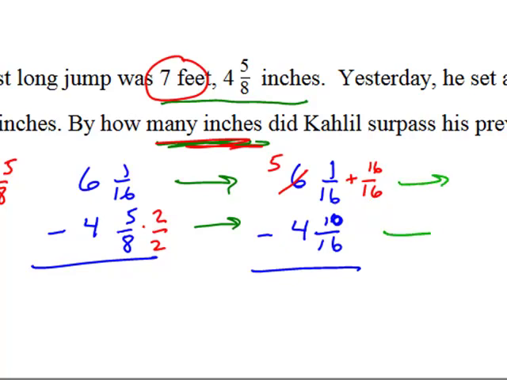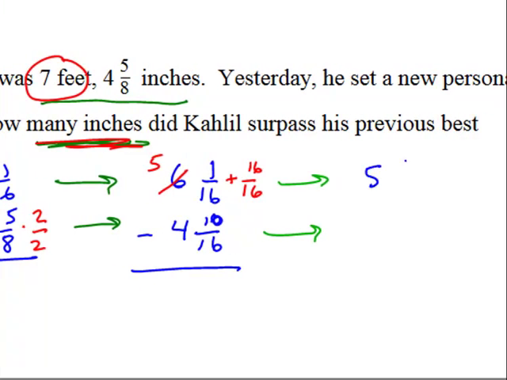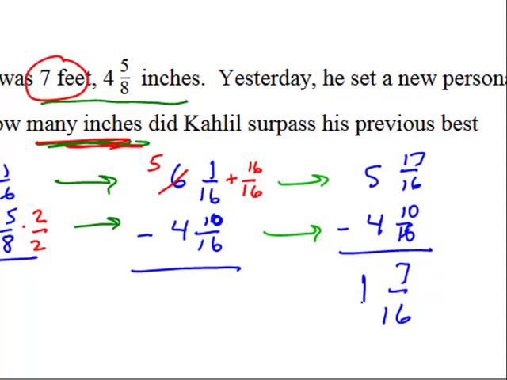So let's take another look at this. Our first number becomes 5 17/16. Now minus 4 10/16. Now we can subtract. 17/16 minus 10/16 is 7/16. 5 minus 4 is 1.